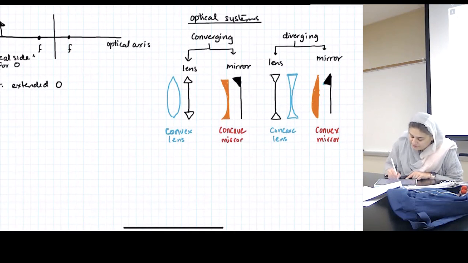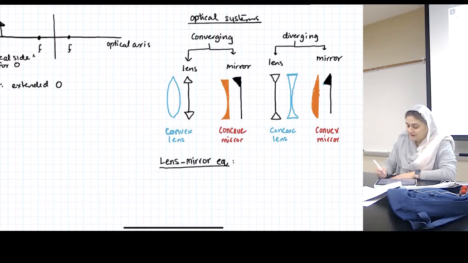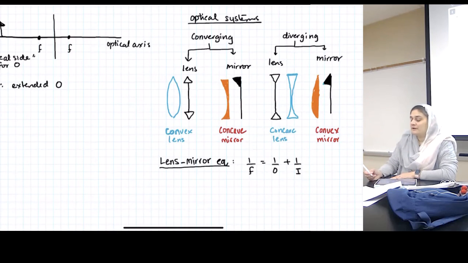Okay, another thing I want to tell you when you're studying optical systems is the lens mirror equation. It's 1 over f equals 1 over object distance plus 1 over image distance. And remember, these focal lengths could be positive or negative.